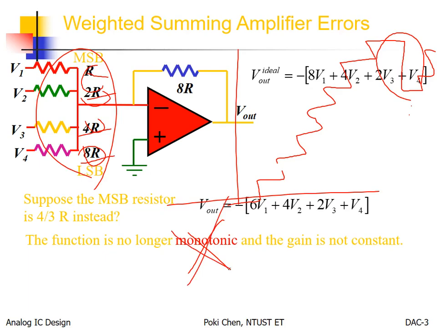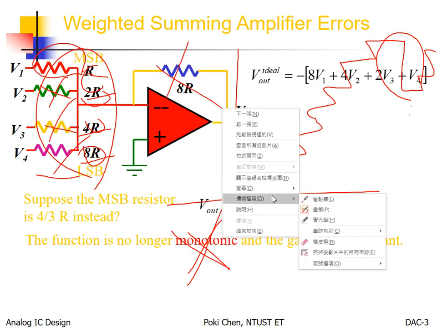It's really hard to keep monotonicity. Right now I only tell you that if after fabrication this one gets some error, all the others are still ideal. Sorry, nothing is perfect. Nothing is ideal. You will get a lot of errors.